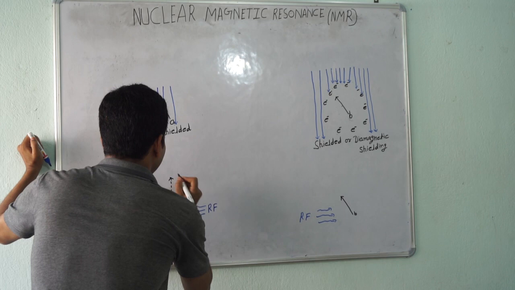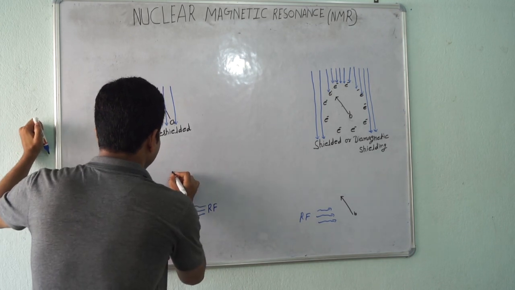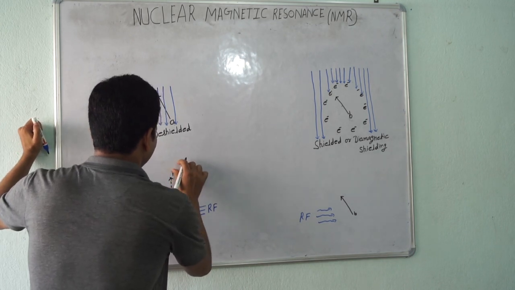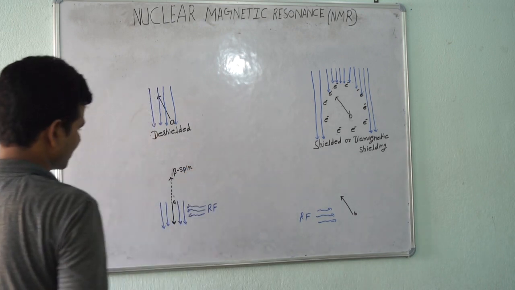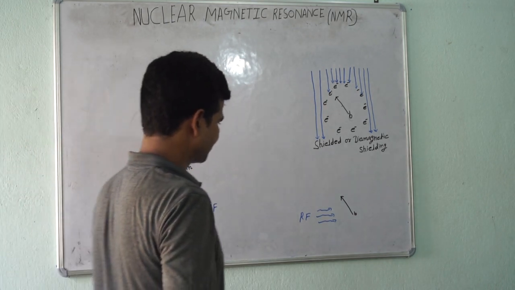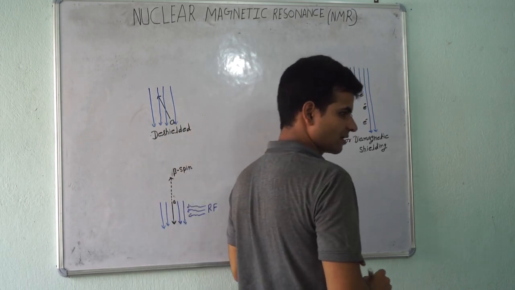This is the beta spin. This is the direction of beta spin. And the same thing will happen here.